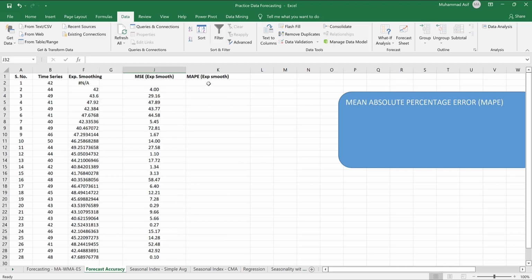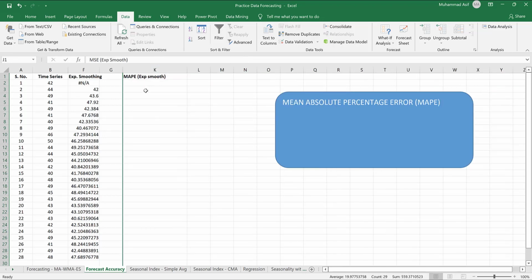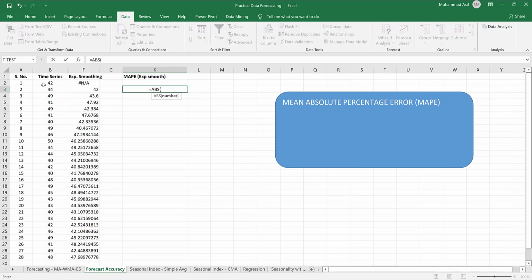And finally we will use another last technique that's called mean absolute percentage error, and we will be using this with exponential smoothing forecast. So for this one, again we take absolute value because we don't want negative values, actual time series minus forecast, so that's error, and then we take percentage error.